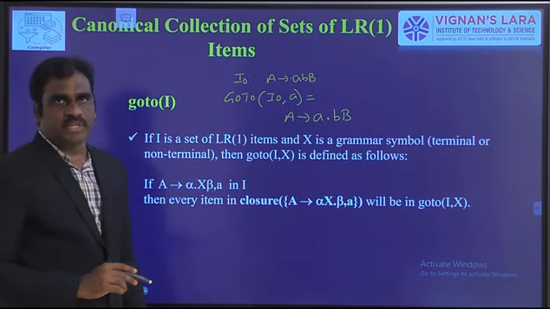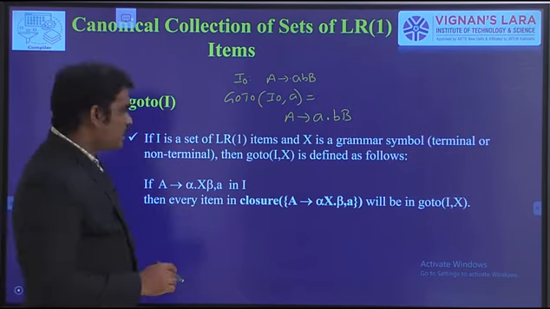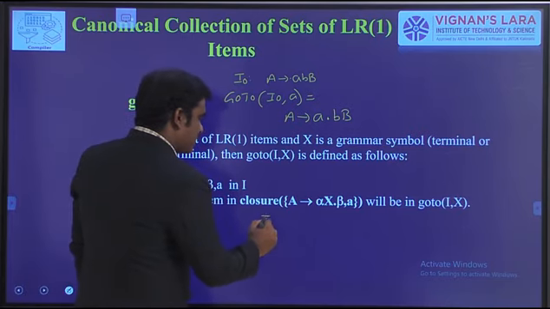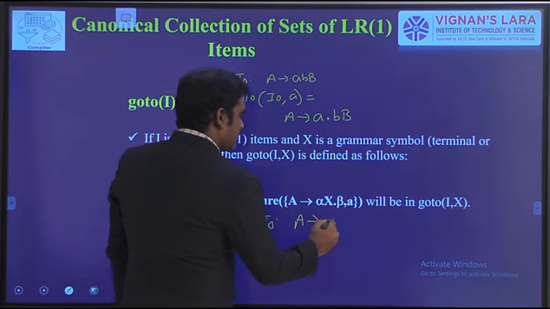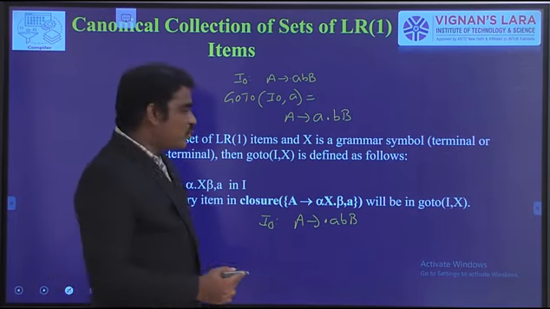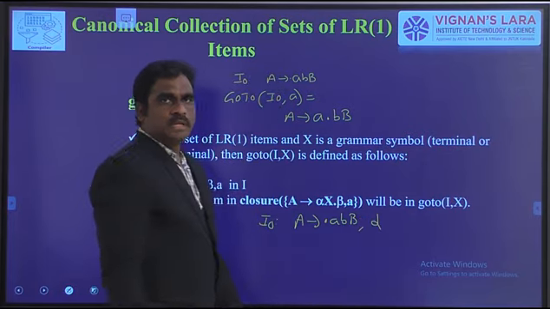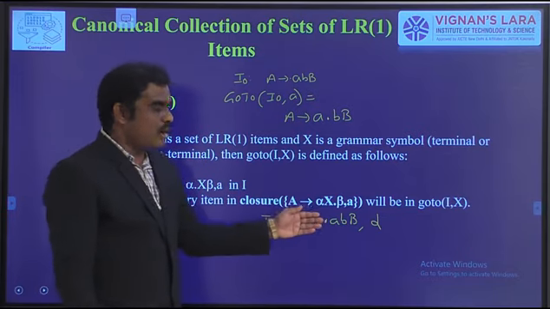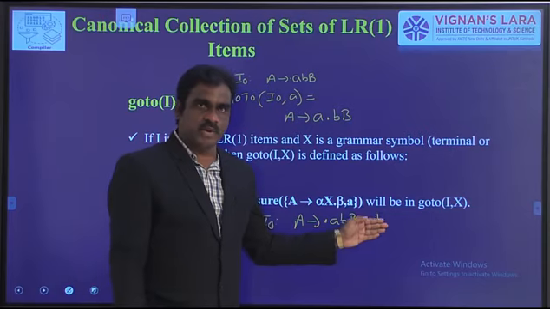In CLR also, the go to operation meaning is the same. Suppose take in CLR I0, A → dot A B B, same production, and for example take the lookahead symbol is d. Because in CLR we have two components: this is the first component and the second component is the lookahead symbol.